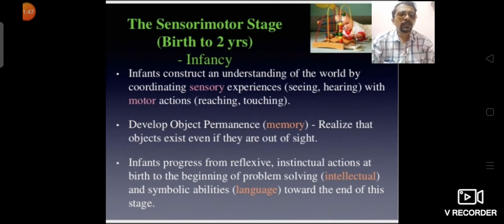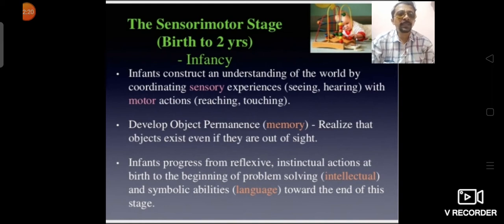Through their senses, infants are doing actions, that is called sensory motor. Motor means physical activities. They are doing physical activities through their senses. So this is the first stage of human development.